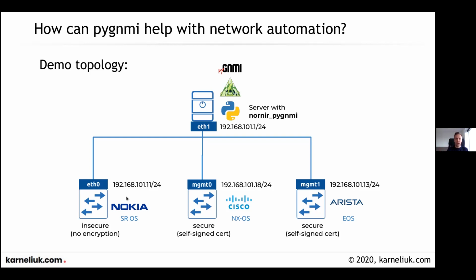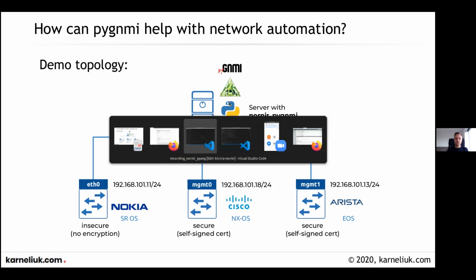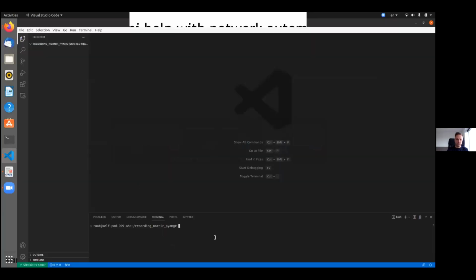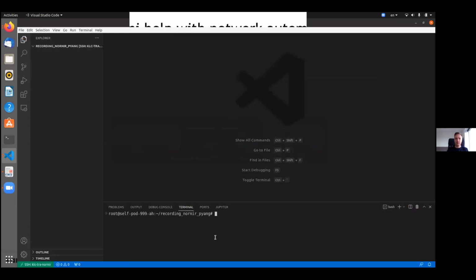So let's jump now to our host. First of all, let's create the virtual environment where we will be running our test. We'll create it with Python 3.9 in my case. It will take a moment or two for the virtual environment to be created.